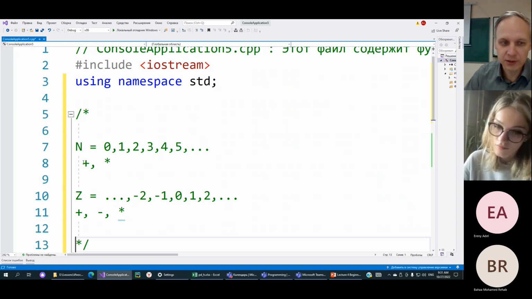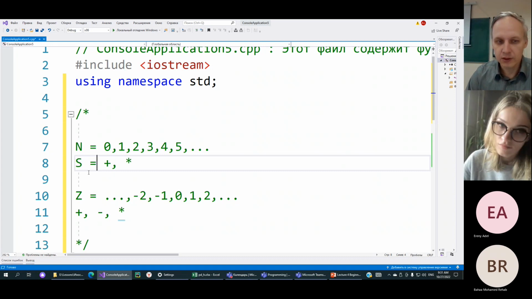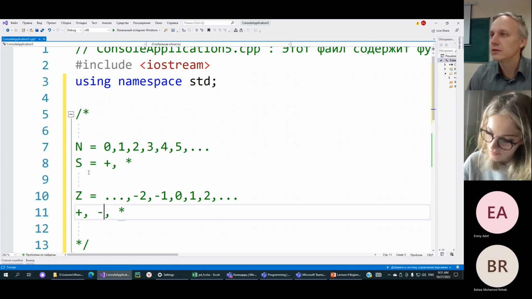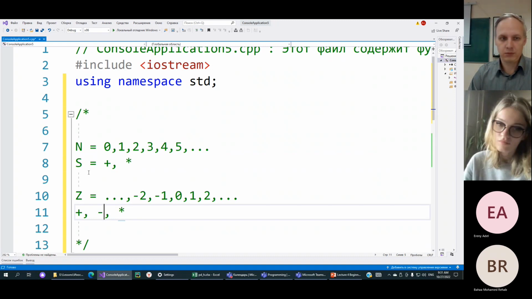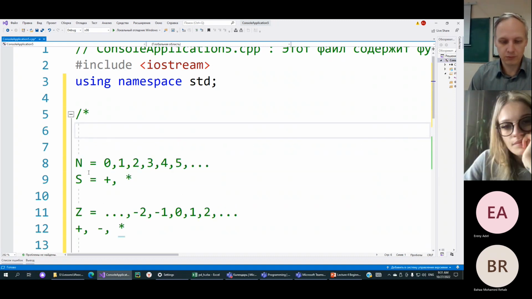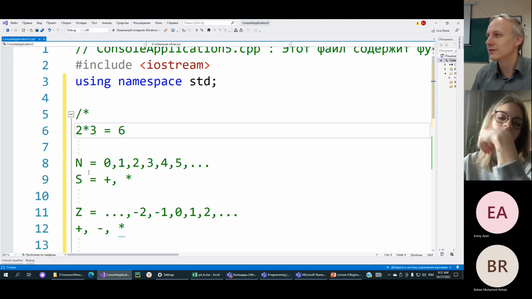For natural numbers, the set of operations is plus, multiplication. 2 times 3 equals 6.